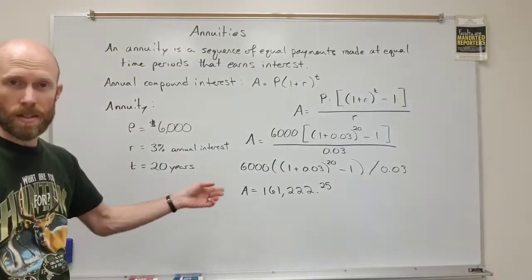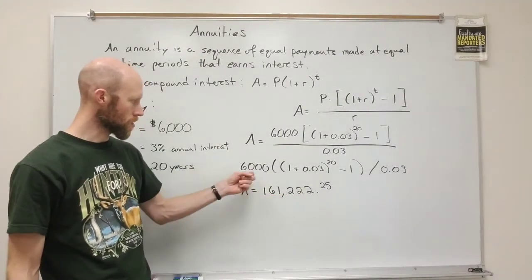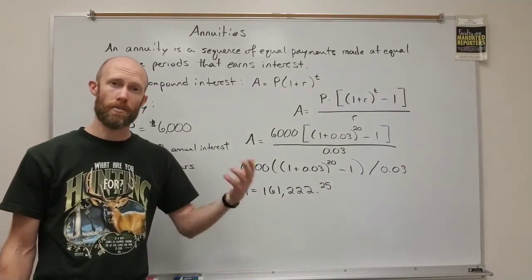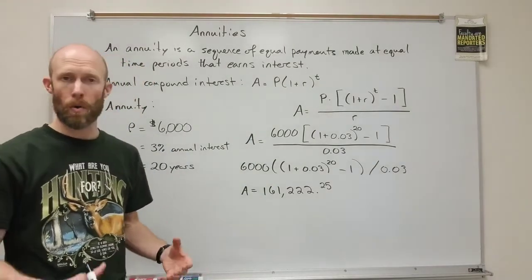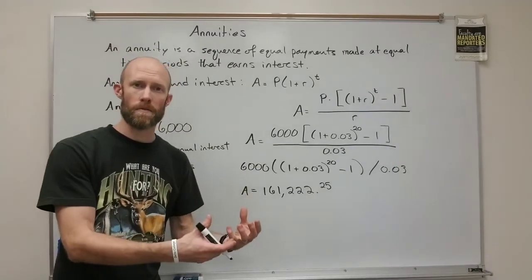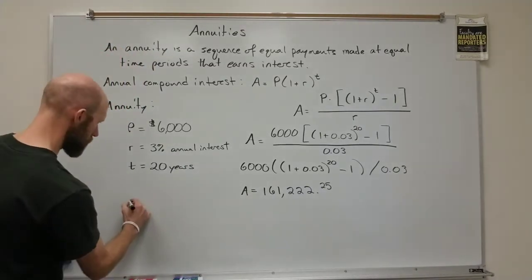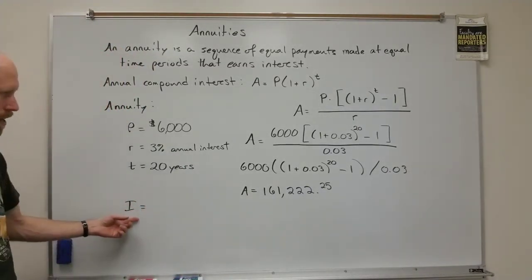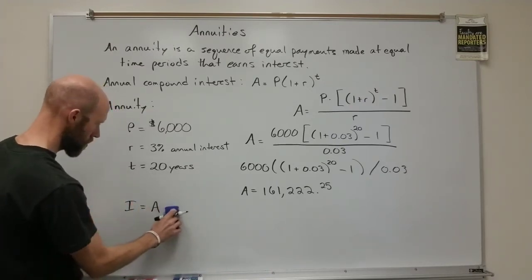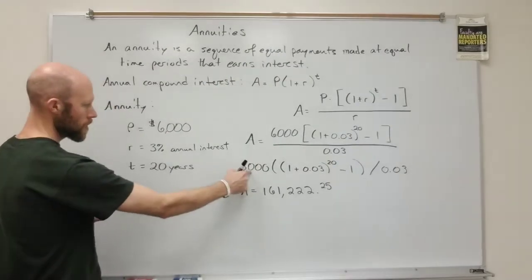All right, so that's a decent amount right there. Now, not all of that difference is interest, right? You're earning that not on $6,000, but on $6,000 applied every year for 20 years. If you think about how much you actually invested versus how much interest you got back, the interest itself is equal to that final annuity value minus the payment times the number of payments.